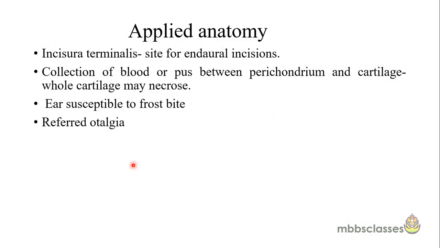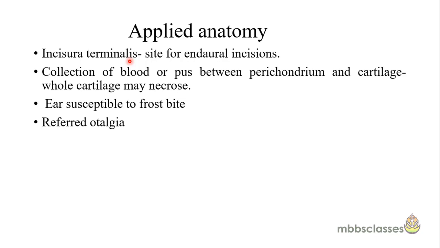Now let's discuss the clinical importance of this anatomy, and why it is important to know it. The first thing is the incisura terminalis. We have already seen that the incisura terminalis is the area of the pinna where the cartilage is absent.